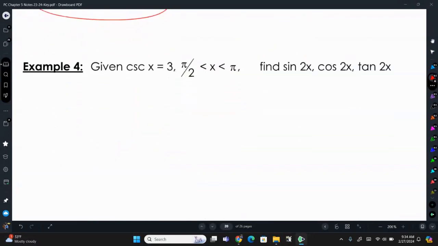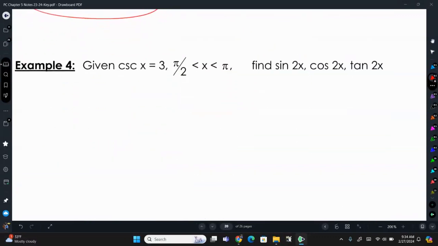All right, example 4. It says, given that cosecant of x equals 3, and pi over 2 is less than x, which is less than pi, so we've got to think about what quadrant that's in. That means quadrant 2, because the angle is bigger than pi over 2, but smaller than pi.